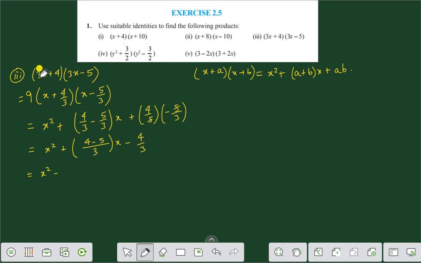First of all, if we take 3 as common from each factor, that means you have to take 9 as common. In bracket we are getting x square, 4 minus 5, that is minus 1 by 3 x, minus 4 by 3.